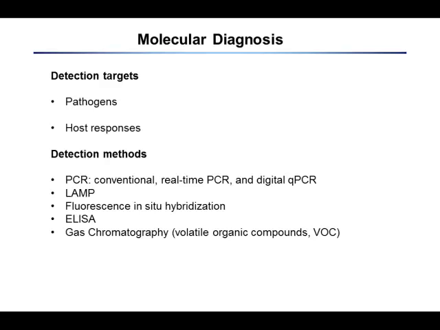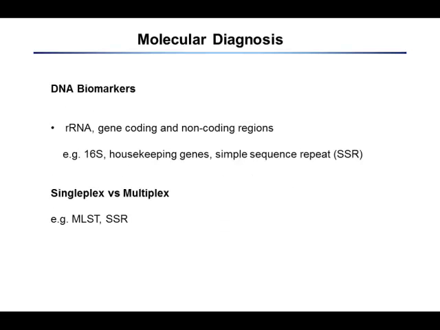But regardless of the method used, most of the time we focus on DNA, in the ribosomal region for example. The DNA in the ribosomal region is different from the coding region.